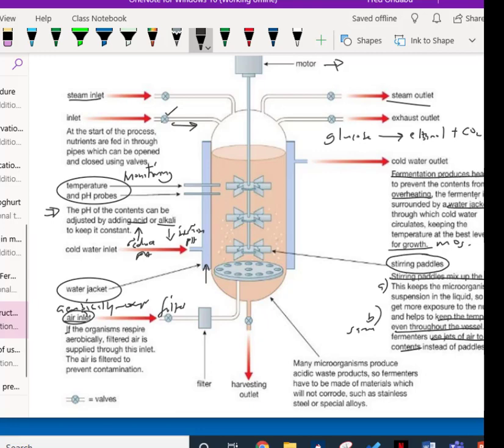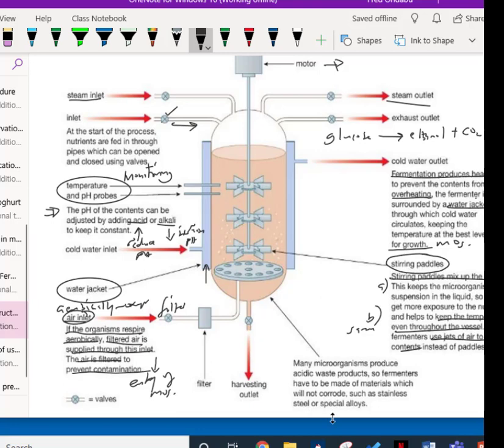That is why, if the microorganisms respire aerobically, filtered air is applied through this inlet. The air is filtered to prevent contamination, meaning to prevent entry of microorganisms into the vessel, that is, into the fermenter.